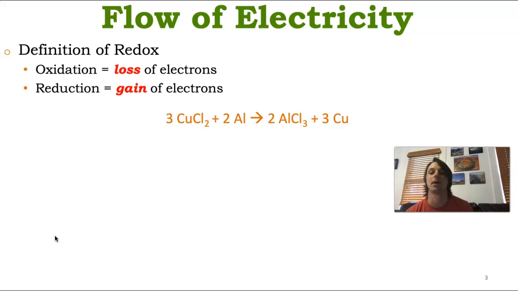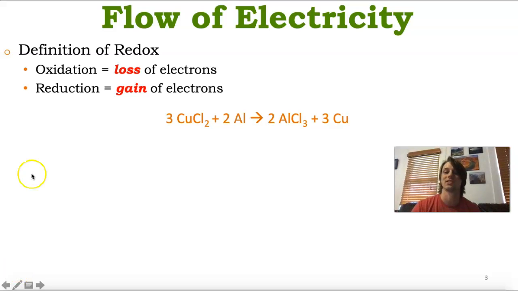So if I drop a piece of aluminum, and we saw this earlier this year, into a solution of copper chloride, that aluminum is going to donate electrons to copper. And in that process, copper is going to become a neutral solid and leave the solution and start to precipitate on the bottom, where aluminum chloride is now going to be an ion floating around in the solution.